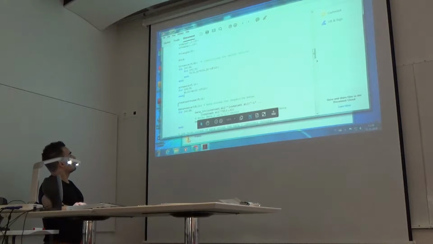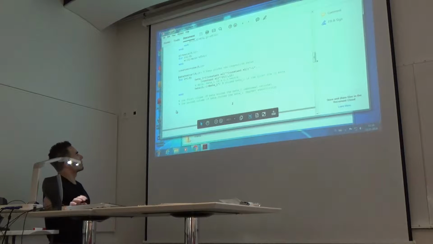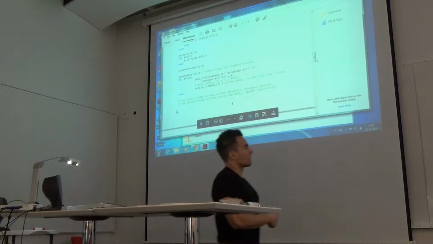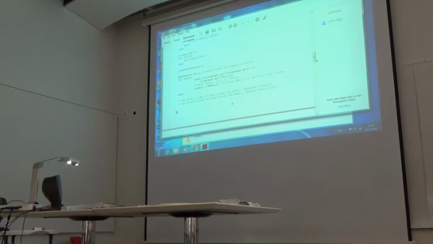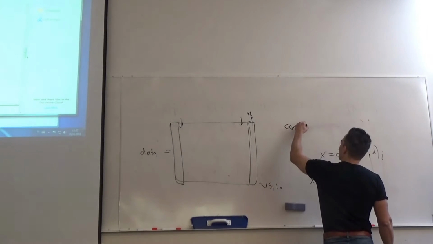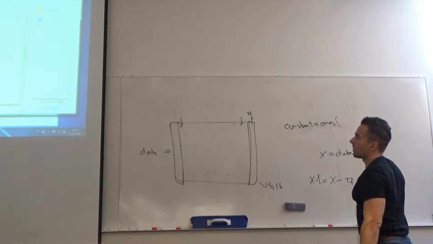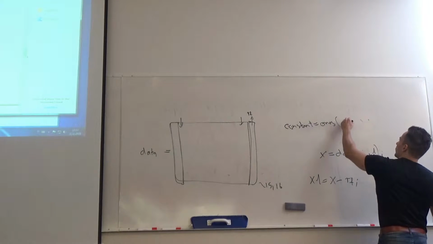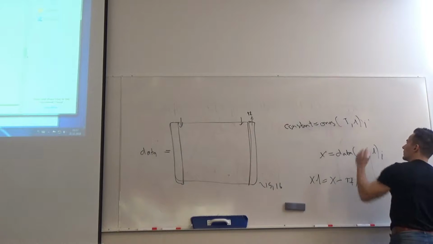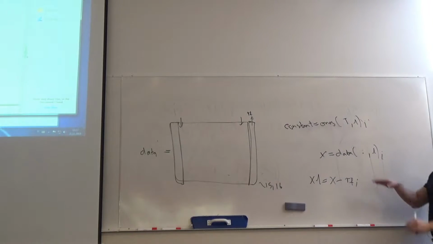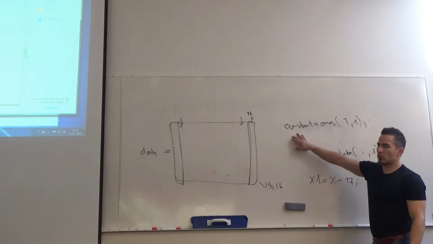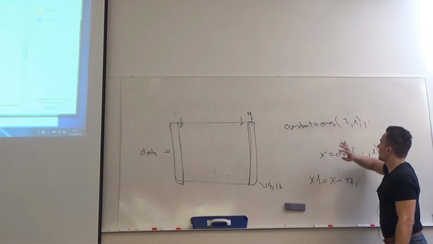So what is then new here? Constant. We want to have a constant. Let's define constant should be ones(T,1), right? Yeah. So this tells us, okay, what we are doing is we construct a vector. We call it constant. That's a vector.